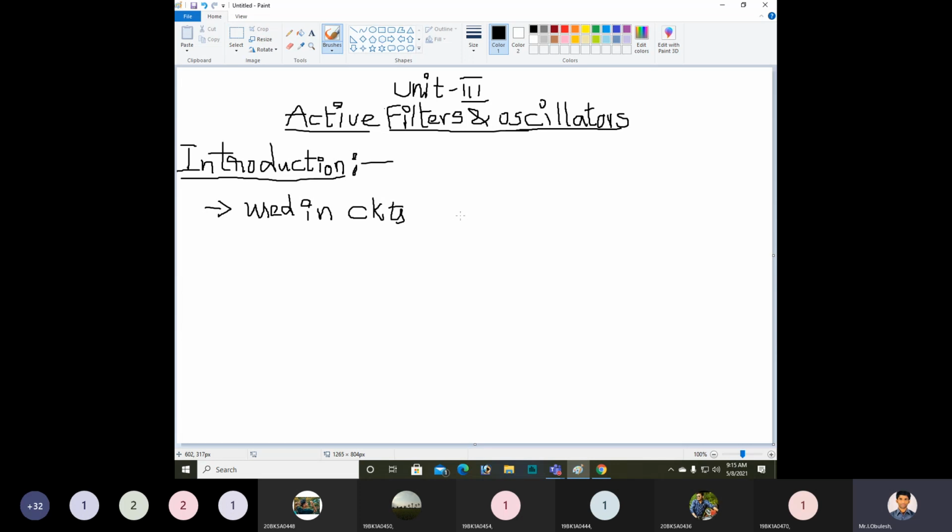Filters are used in circuits which require the separation of signals according to the frequencies. I am writing circuits like this.